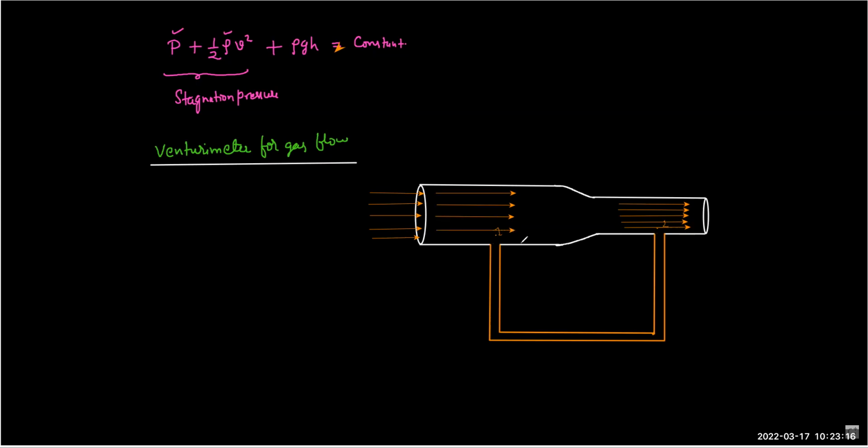So what we do next is, this is a complete shape. In the bottom U tube, we put some liquid. Now velocity is bigger at 2, so at which point will the vacuum be created more, 1 or 2?